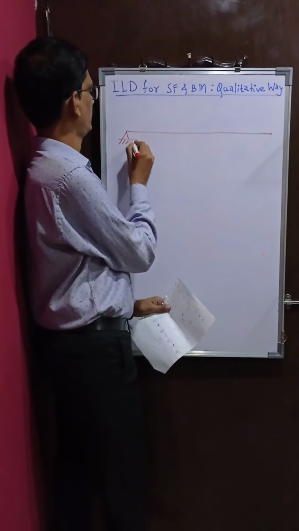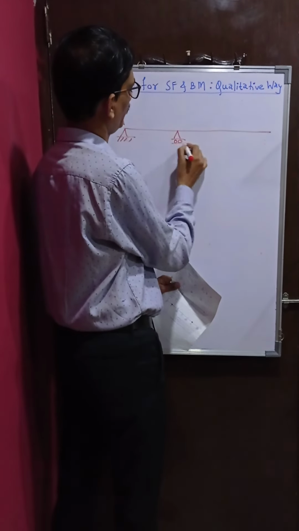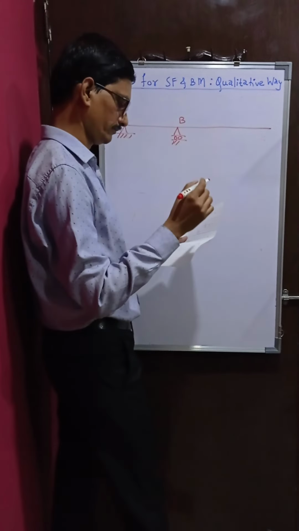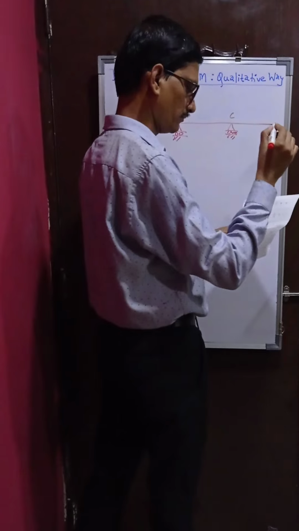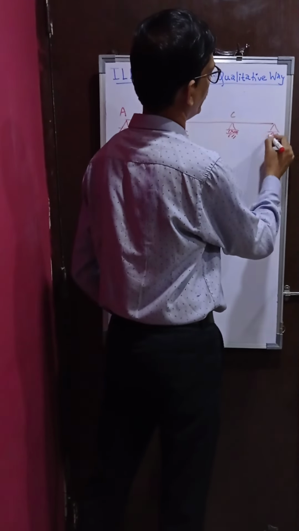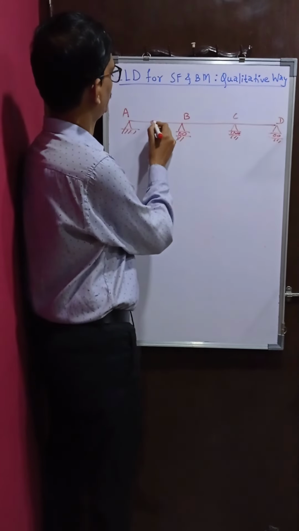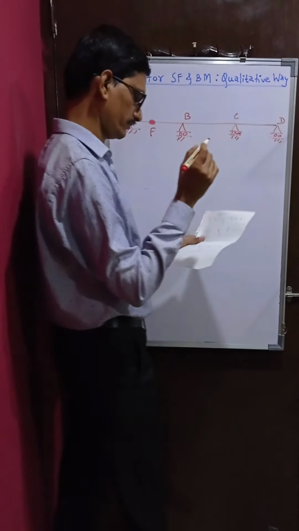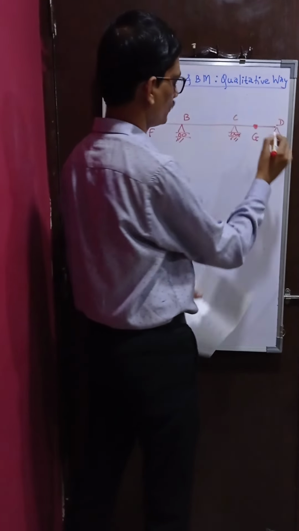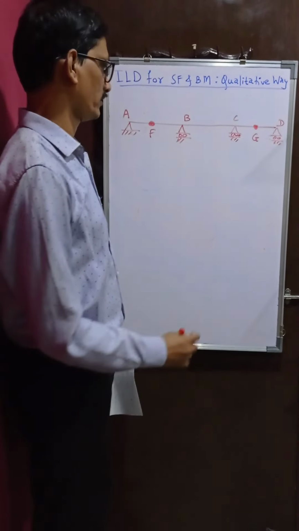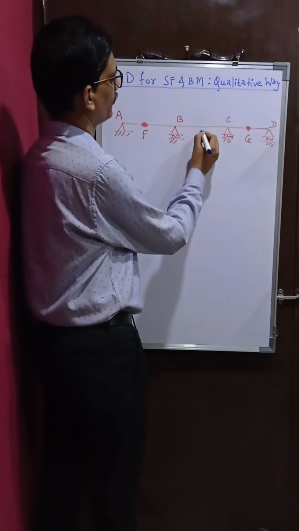So this is hinged at A, roller support B, one more roller support at C, one more roller support at D. Now this is F, there is an internal hinge. This is G, an internal hinge. And now I want the influence line diagram for point E, which is between B and C.